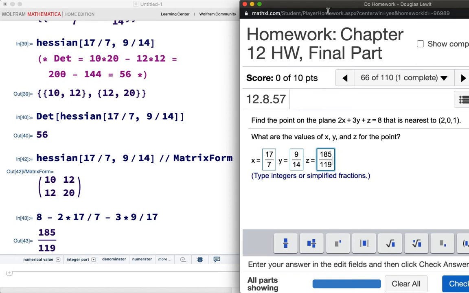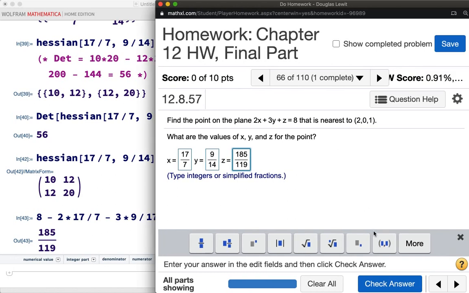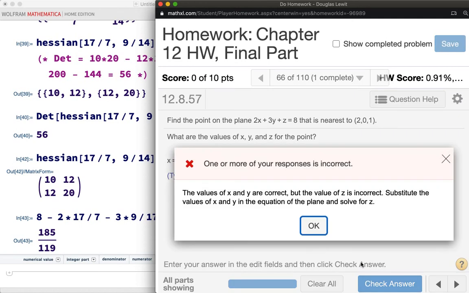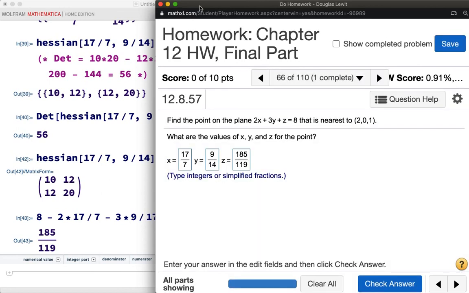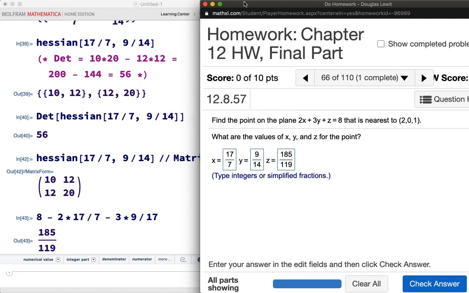That should be the answer. I'm going to cross my fingers. Let's see. Okay, the values of x and y are correct, but the value of z is incorrect. Okay, so it doesn't like my value.